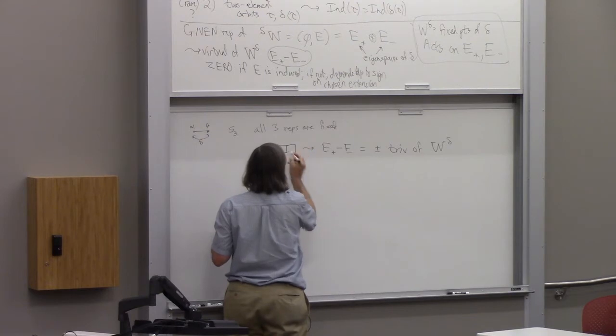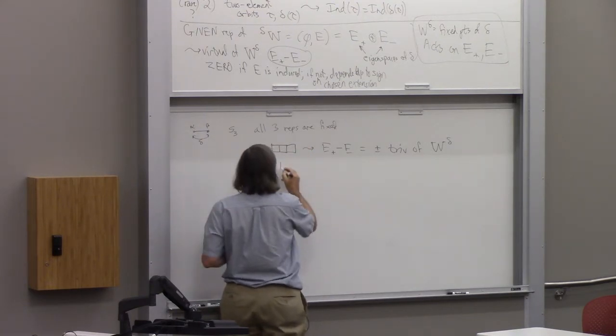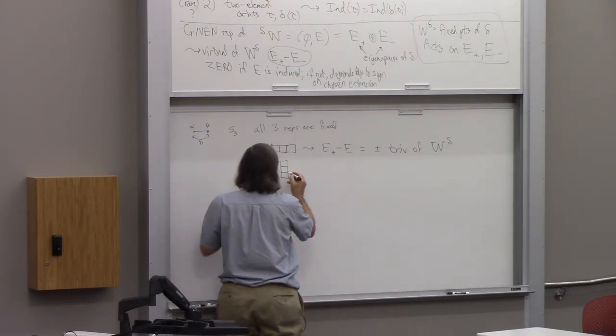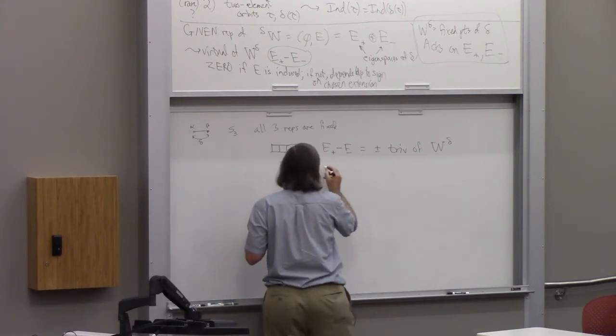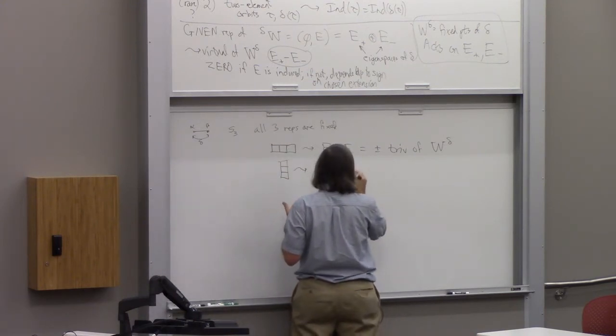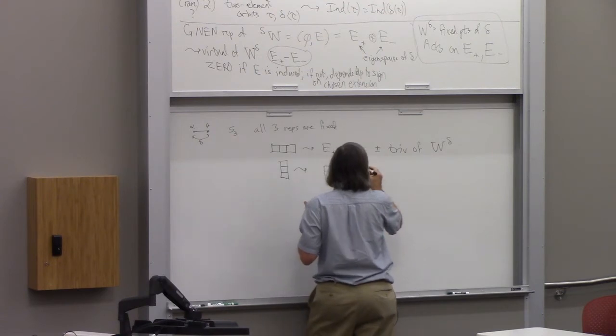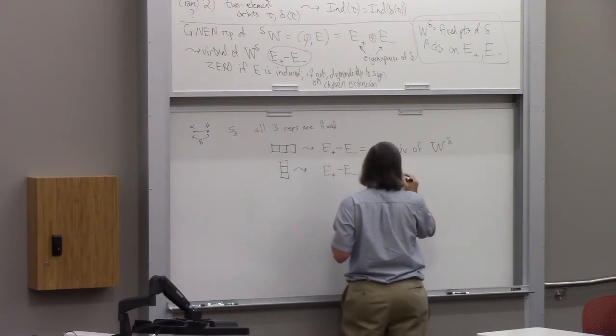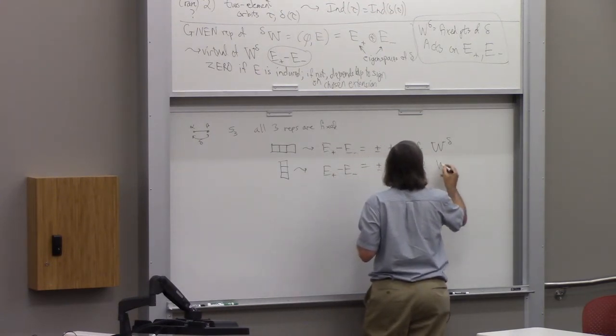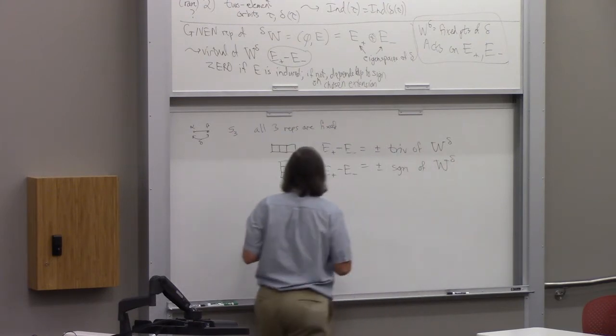In this case, E plus minus E minus is plus or minus the sign representation of W upper delta.